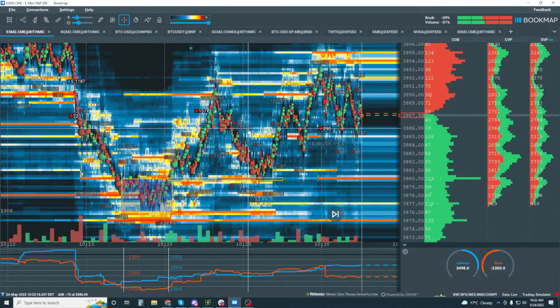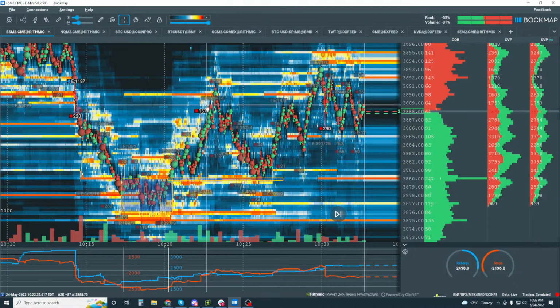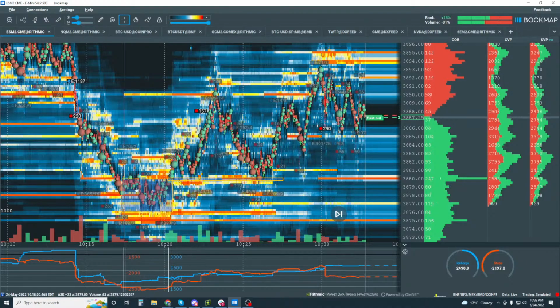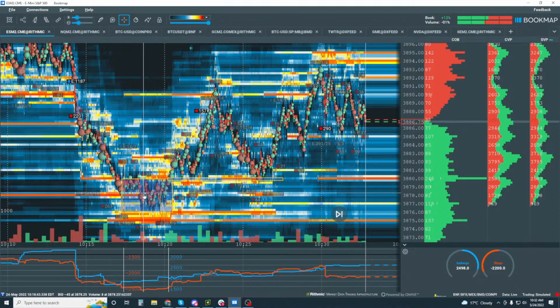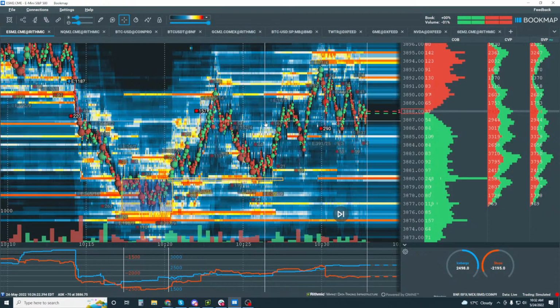And probably the most basic way to go over market structure is closer to something like Wyckoff, understanding consolidations, markups, distributions, accumulations and markdowns. I use all these terms.